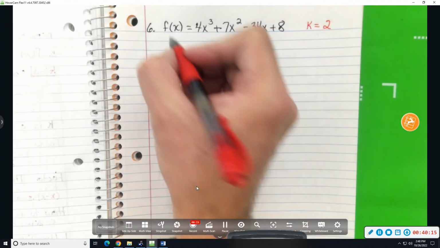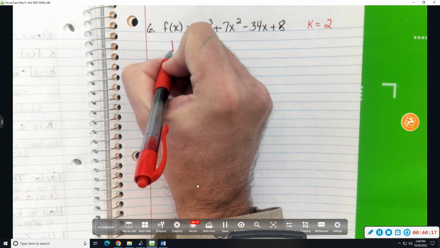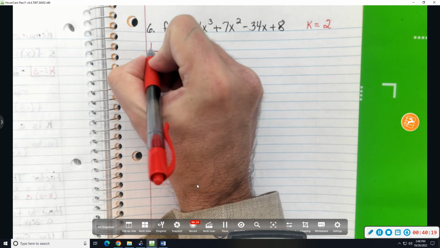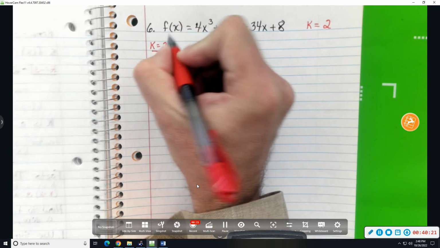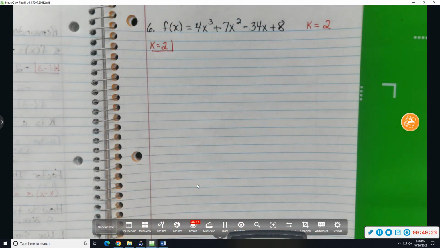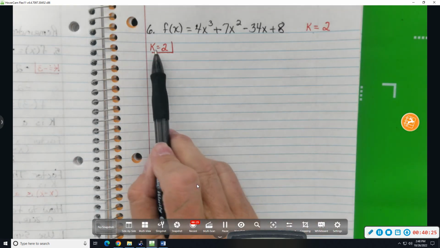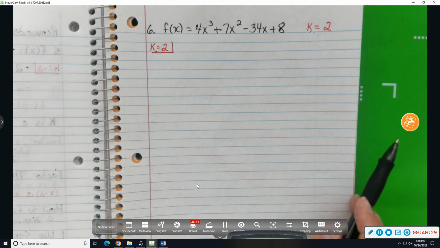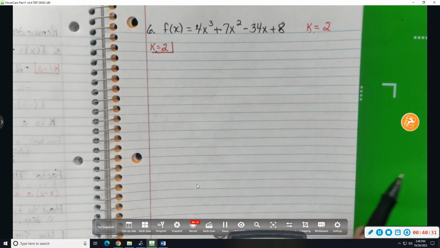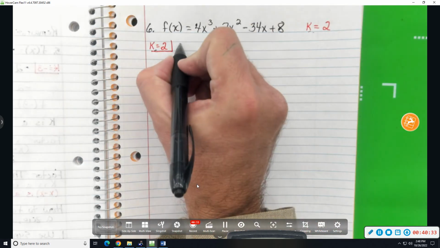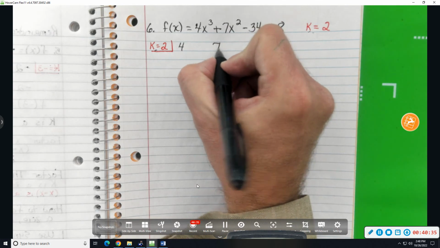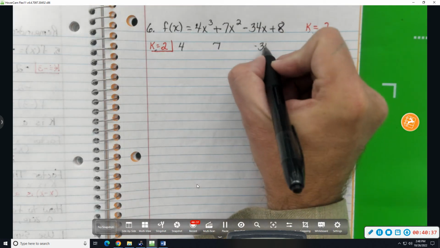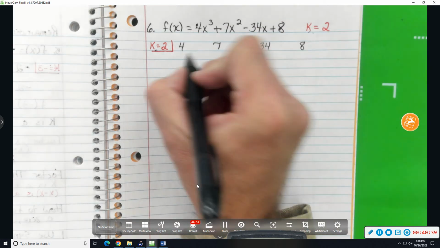Now here is where I write my k equals 2. Notice here I didn't change it. It's only when you're going from a k to an x term that the signs change. So we have 4, 7, negative 34, 8.